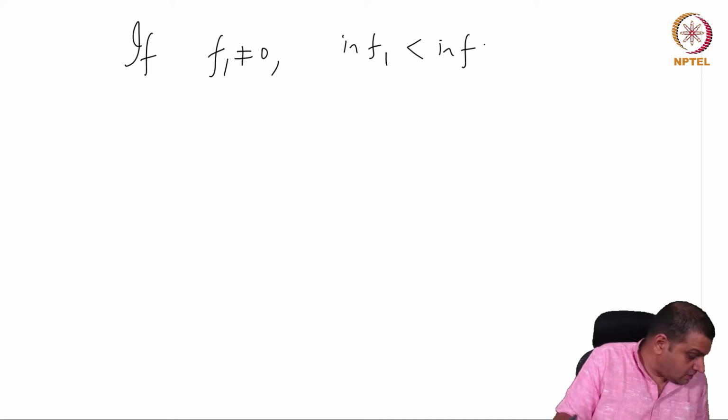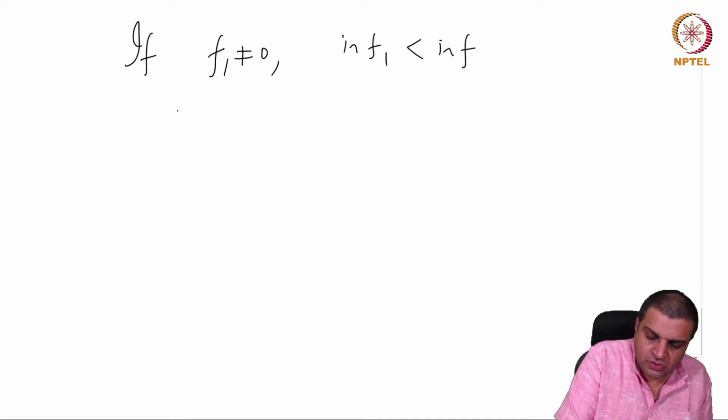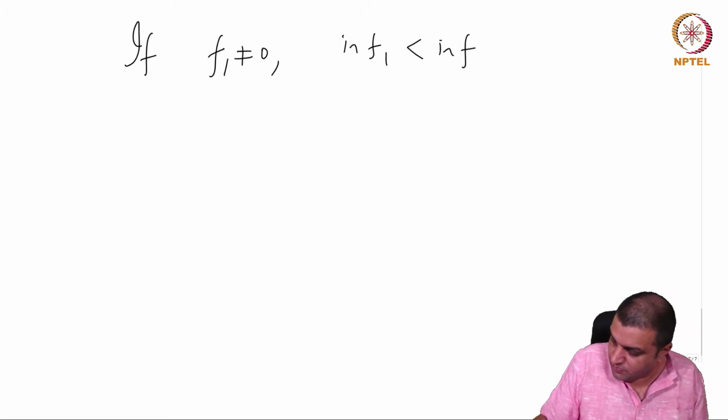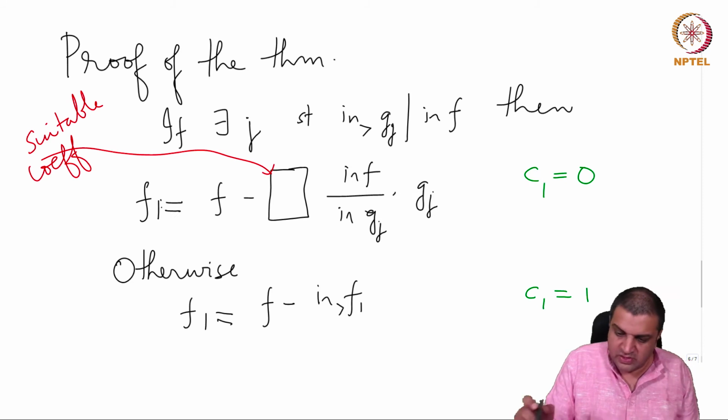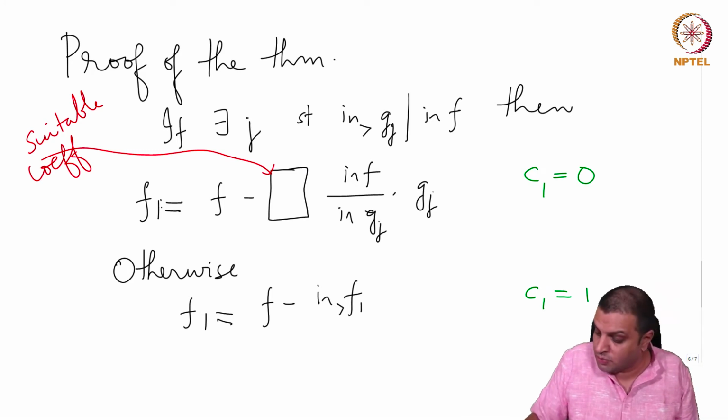Just continue constructing this. Then we ask the same question. If there is a j such that in gj divides in f1, then modify, get an f2 with this property or an f2 with this property, keeping track of what c2 would be.